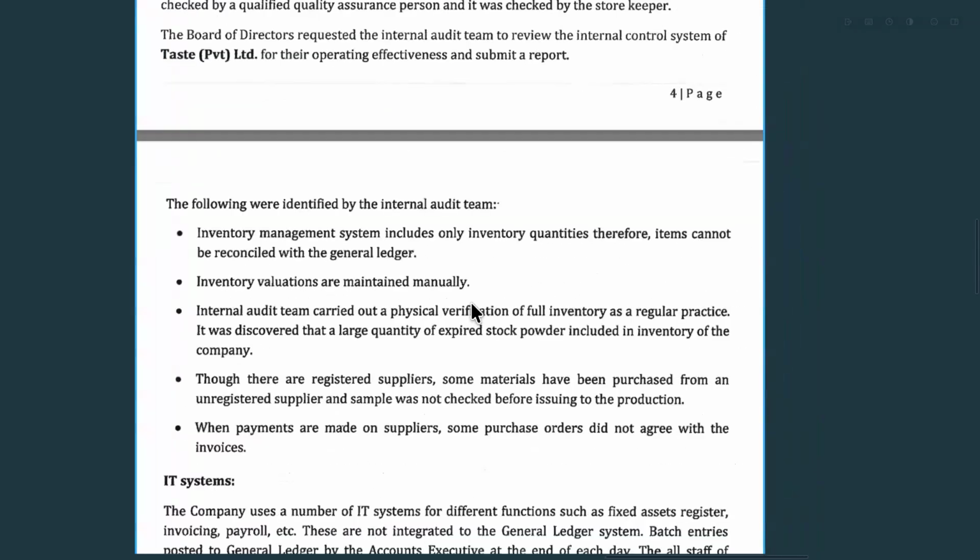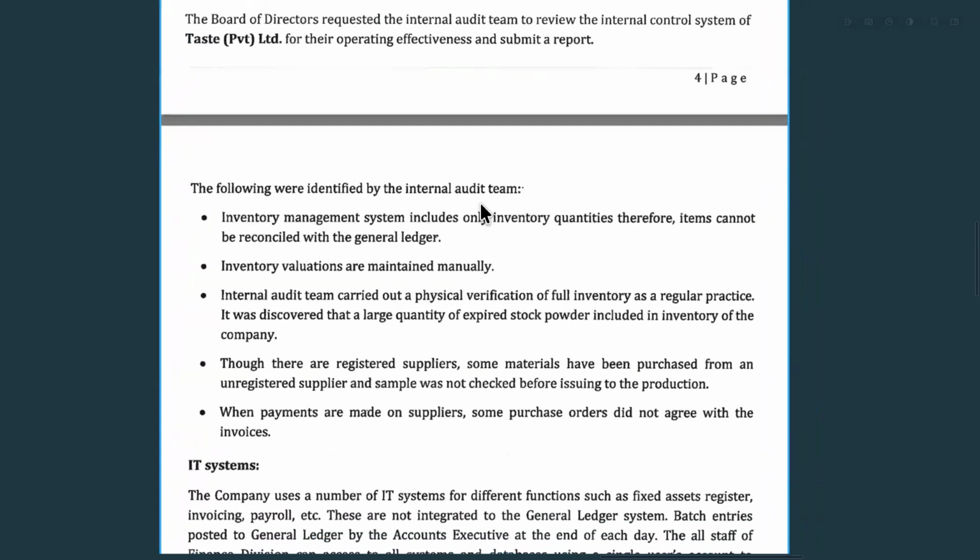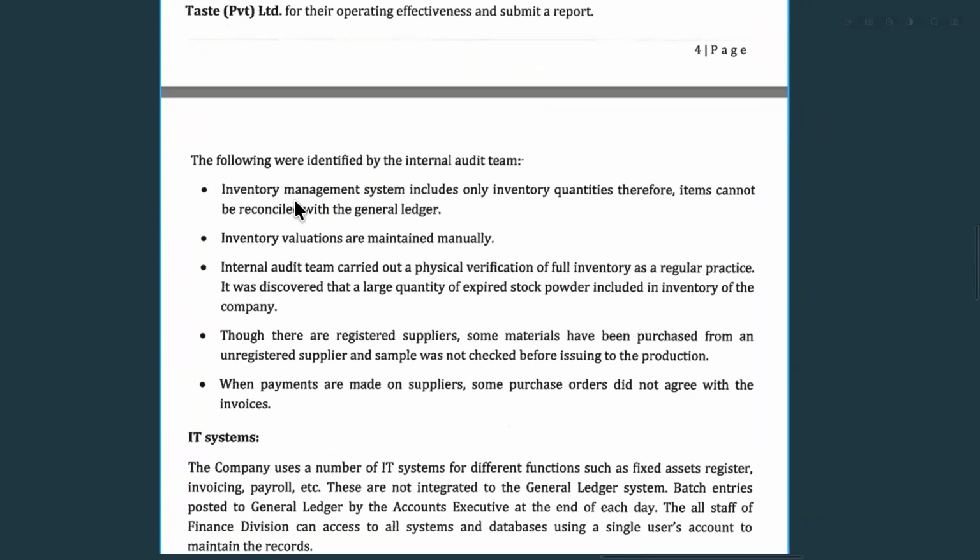Now, the following were identified by the internal audit team. The first one: the inventory management system includes only inventory quantities, therefore items cannot be reconciled with the general ledger. So they don't have the value, it means in rupee terms.